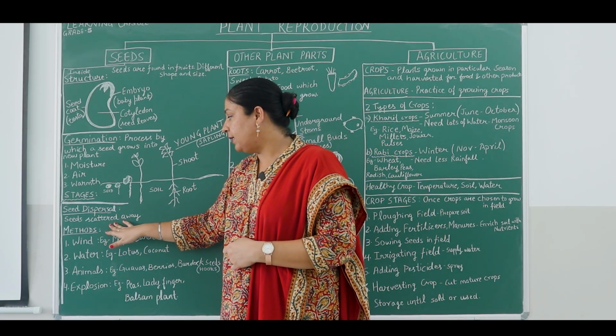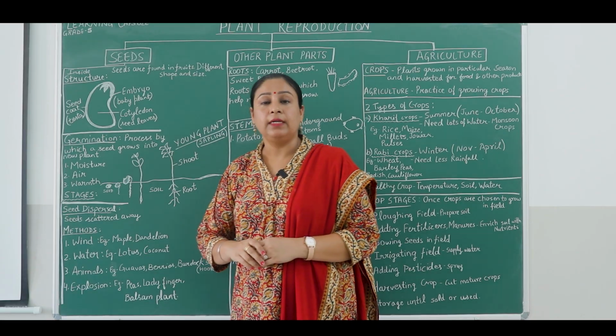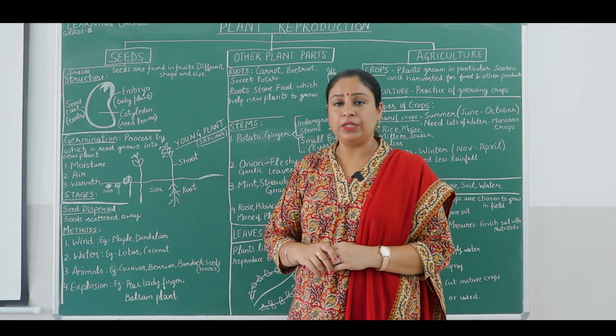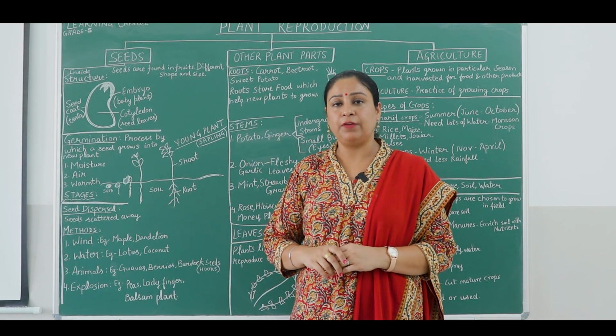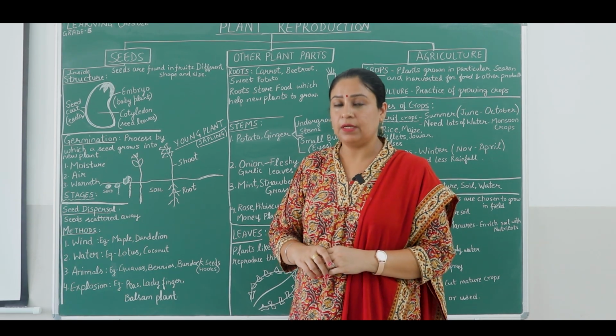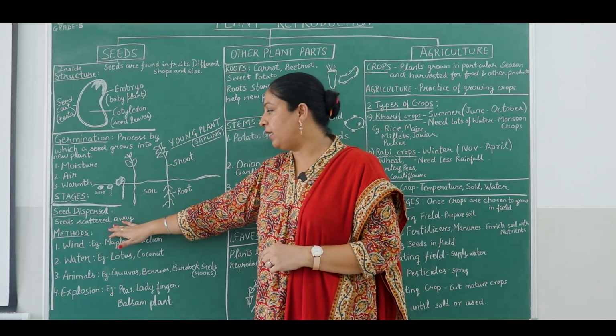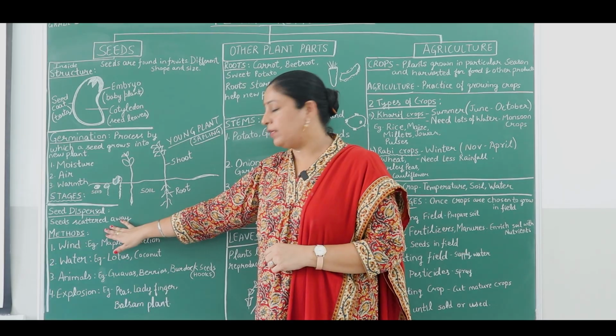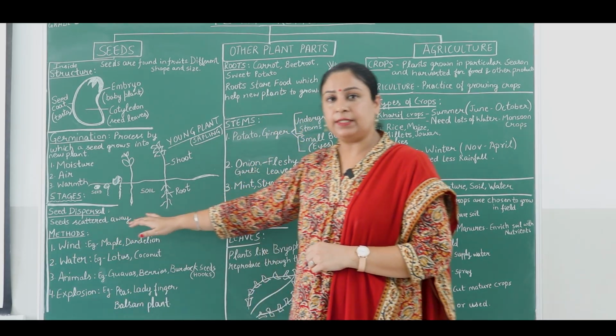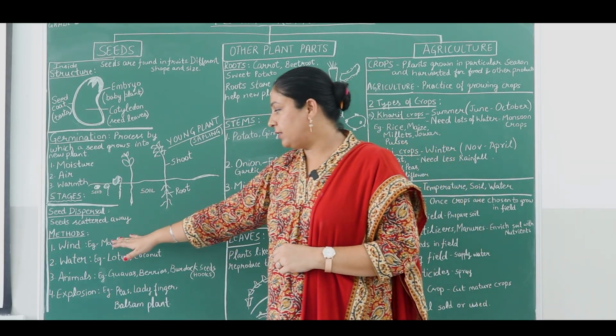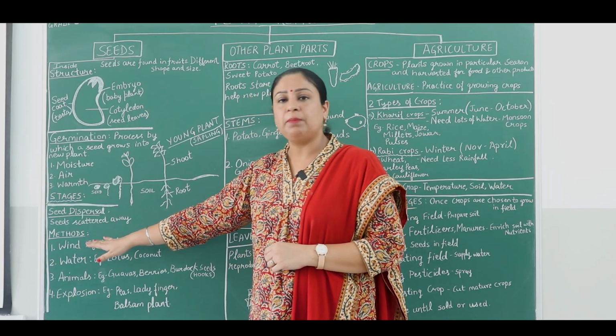The next is seed dispersal. The ways through which seeds are scattered away from the parent plant are known as seed dispersal methods, and there are four methods of seed dispersal. First, seed dispersal by wind.